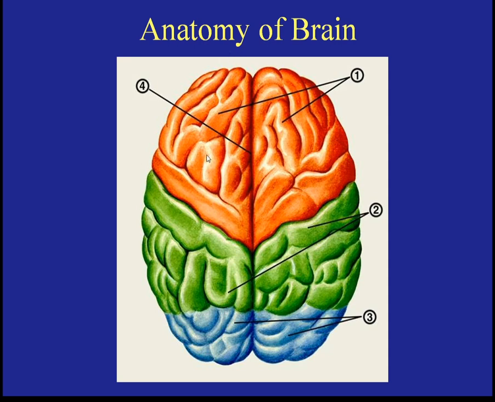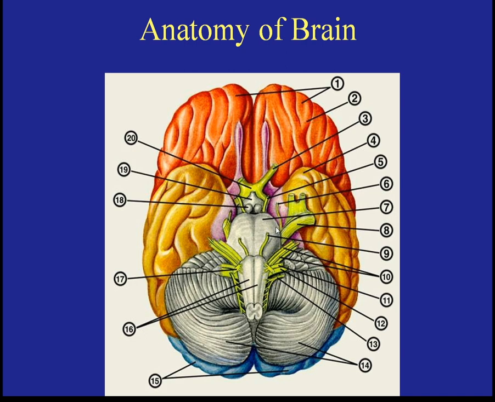This is the coronal view. We can see frontal, parietal, and occipital lobes on these pictures. Okay, this is basis of brain, and we can distinguish the structures.